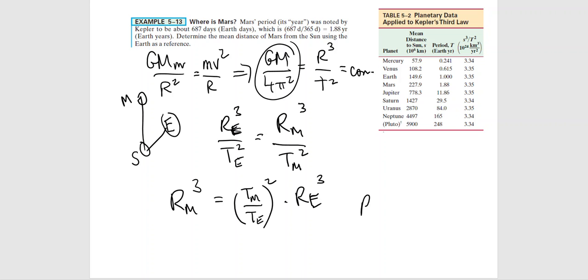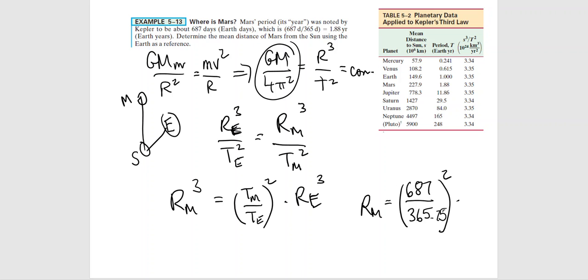So what does this give us? The radius of Mars, just putting in our values. The time, what they tell us, is 687 days for Mars, divided by 365 and a quarter for Earth. We could have used days, I suppose.